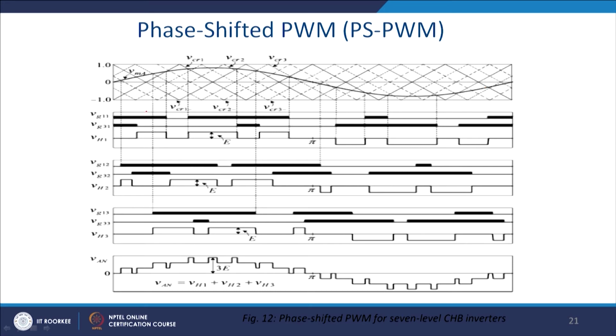Thereafter you will have another carrier wave, but with some phase shift, and this is the 90 degree phase shift. So, you will generate 4 carrier waves, and this is carrier wave 1, this is carrier wave 2, this is carrier wave 3, and this is the modulating wave.